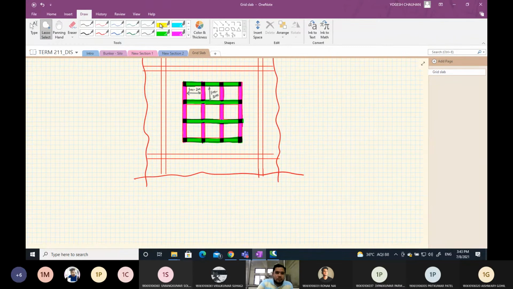In that case, this portion, where there can be negative bending moment, is provided with solid slab.